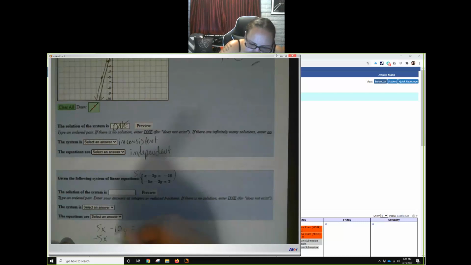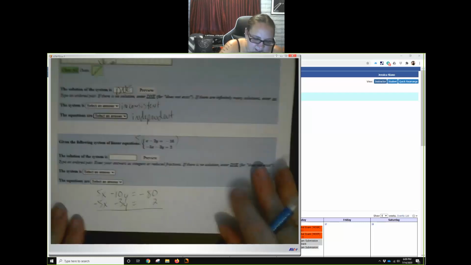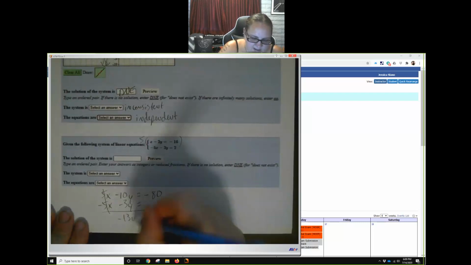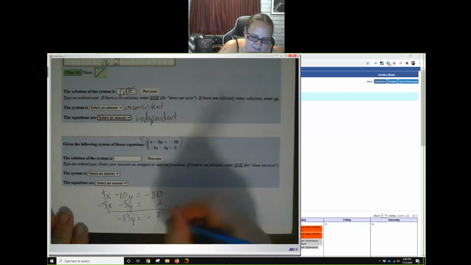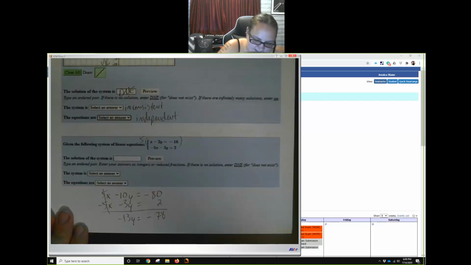Negative 5x minus 3y equals 2. And now my x's will cancel. This will be a -13y, and that'll be a -78. -78 divided by -13 is 6.